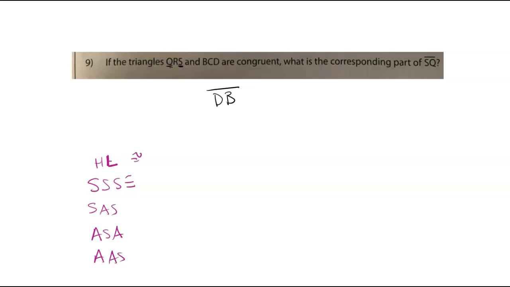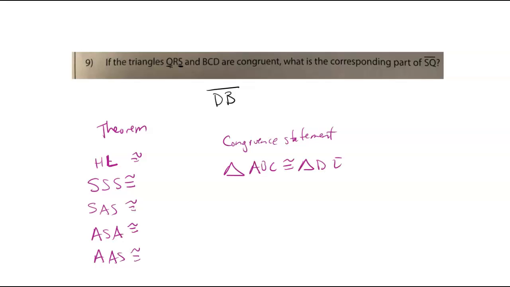Technically, you do want to put congruence after them because a couple of these do have a similarity. So we want to know that it's congruence. You're going to state your theorem, and then you're going to state the congruence statement. So your statement is triangle ABC is congruent to triangle DEF. Okay, so that's what you are going to work on for that worksheet.